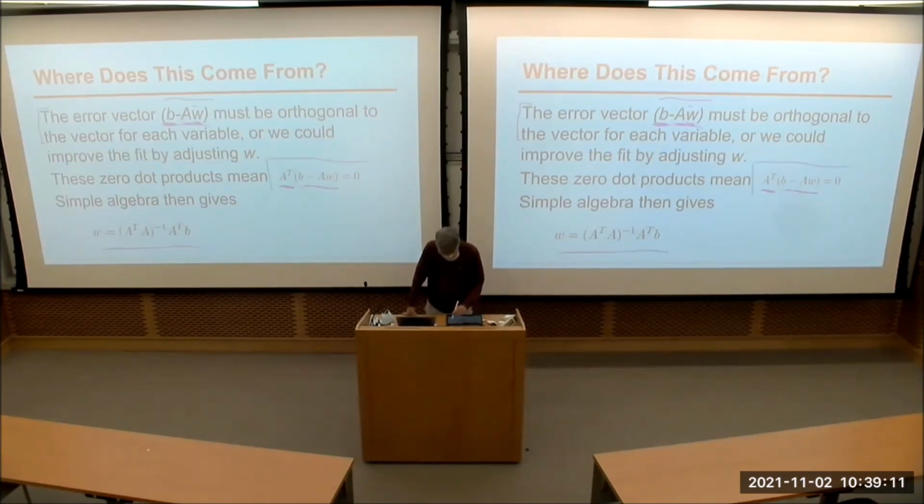If you believe this, then this follows directly. We multiply out the A transpose, we put this term on the other side, and we invert it. So this follows directly from algebra once you get this term set up. Any questions?